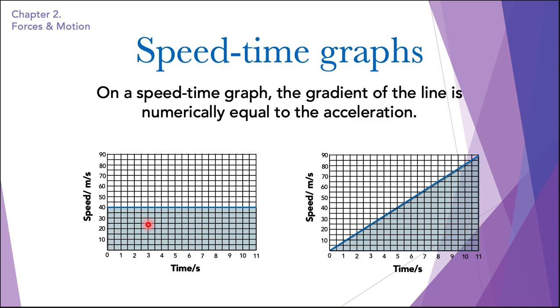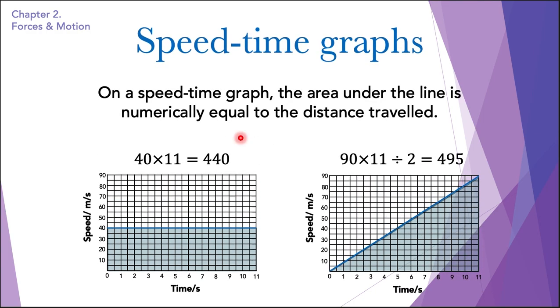This is numerically equal to the acceleration. So what it basically means, the speed divided by time, the gradient of the line is numerically equal to the acceleration. So basically, if it is a horizontal graph like this, there is no acceleration. If it is a graph like this, there is a uniform acceleration. And if such a graph is curved in shape, then it is a non-uniform acceleration.